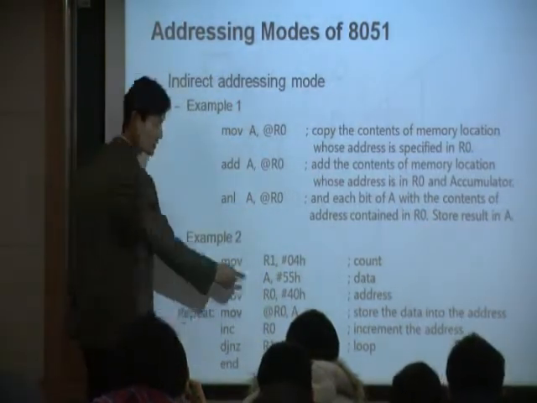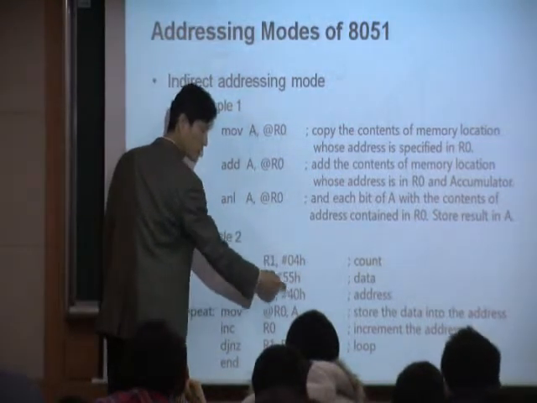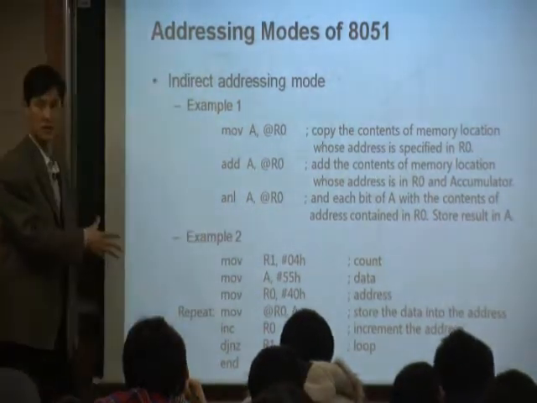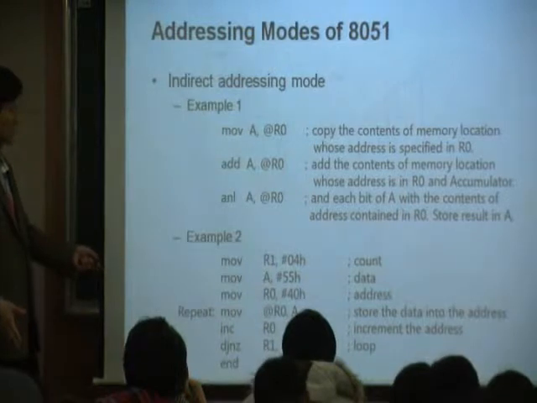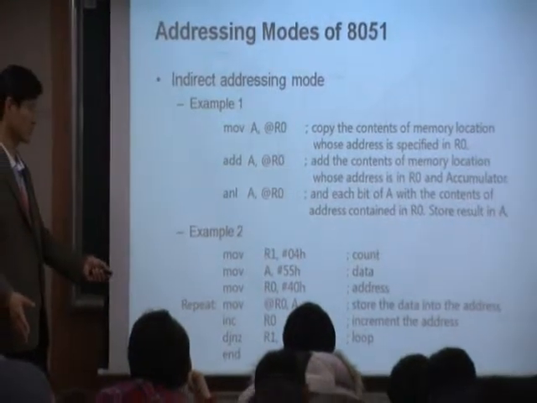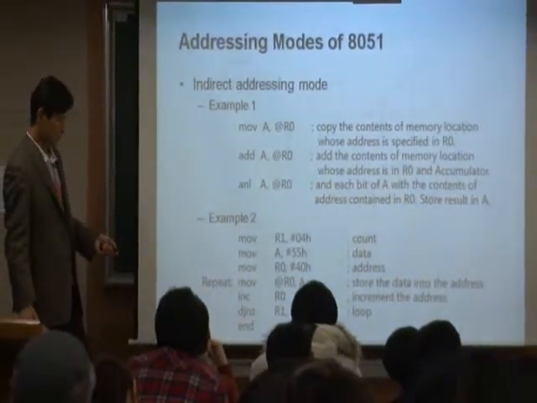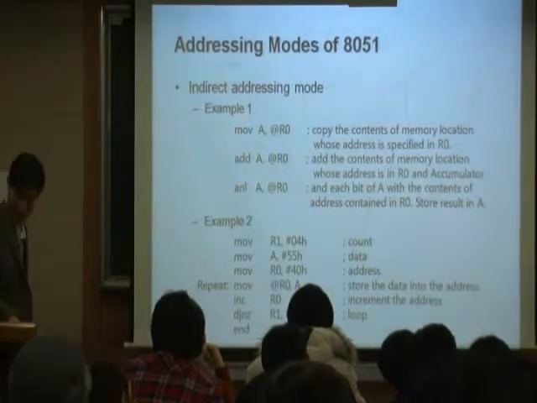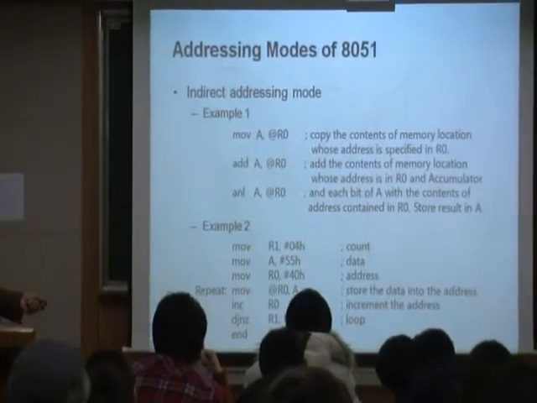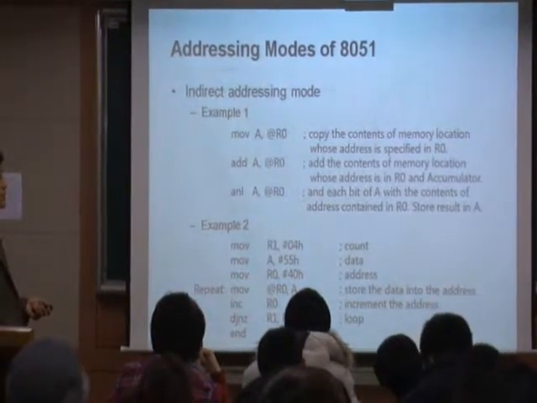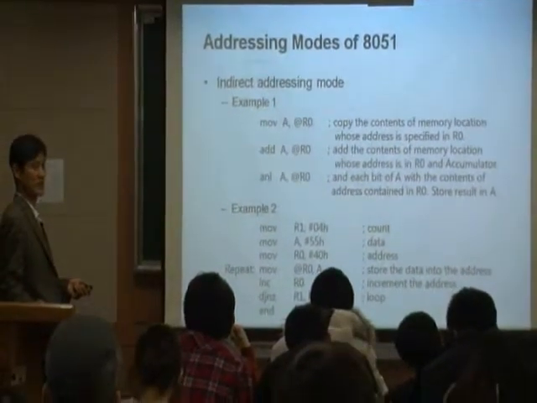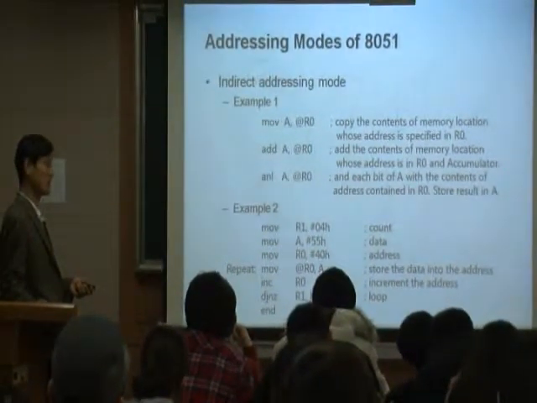Okay, so this value goes into here, this one here, this one here. So this is like immediate addressing. So we simply just copy each of these values into registers. Now look at the 4th instruction, 4th line. We use indirect addressing for destination. So now let's see what happened.